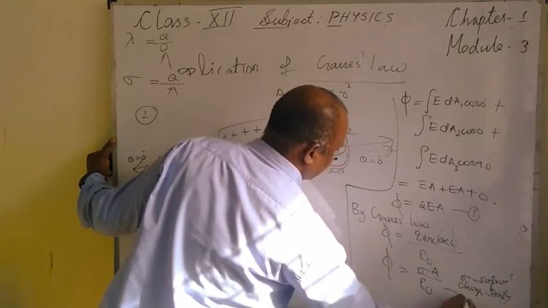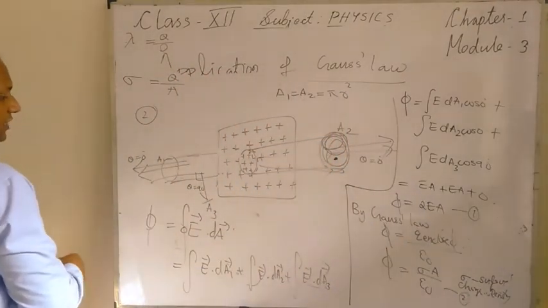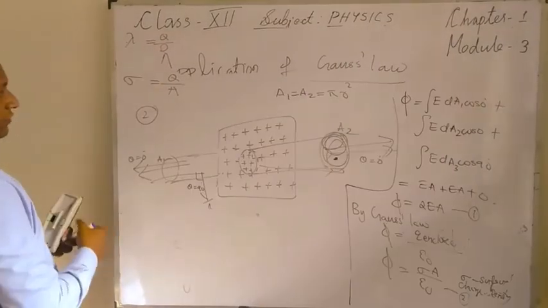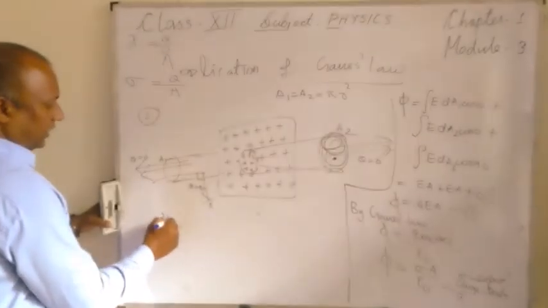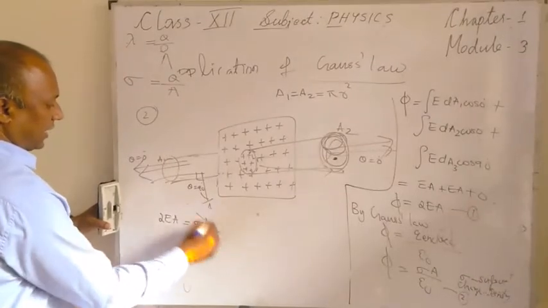Comparing these two equations, what is the final answer? 2EA is equal to sigma A upon epsilon naught, and A cancels.